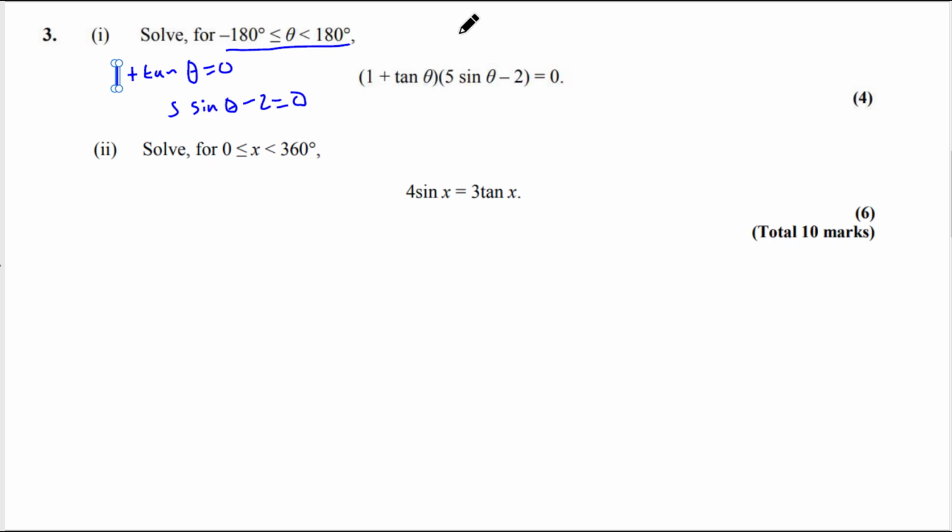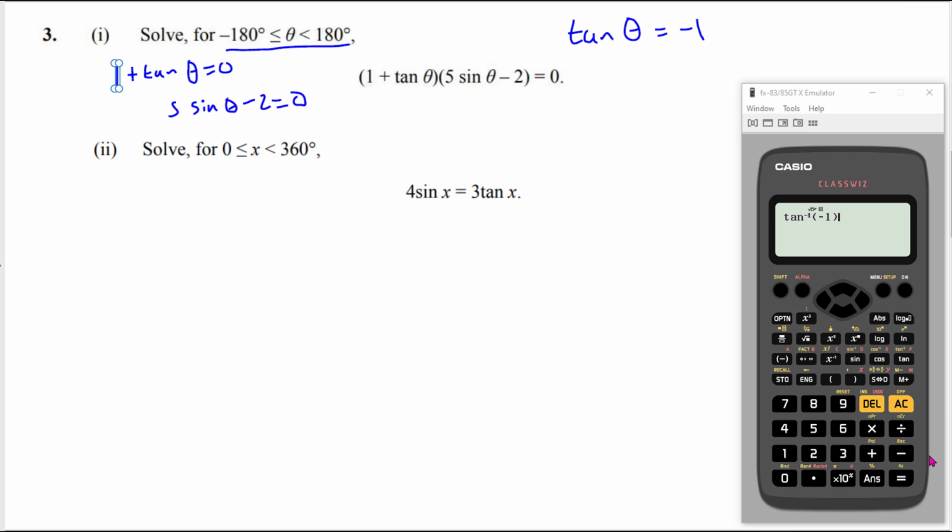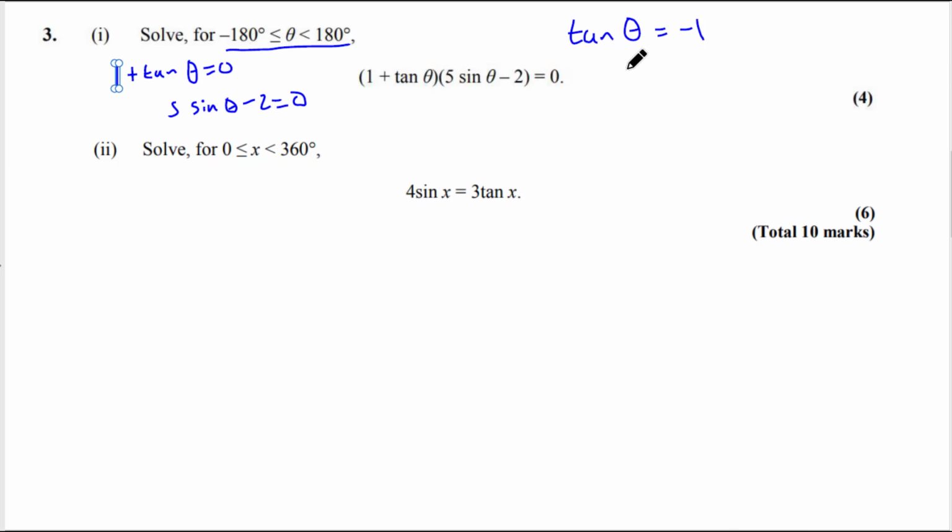So step 1, we are going to rearrange the first equation, and I'm going to write it over here. Tan theta equals -1. Let's inverse tan that, and we get -45. Theta equals -45. That has to be a solution because that's in the range.